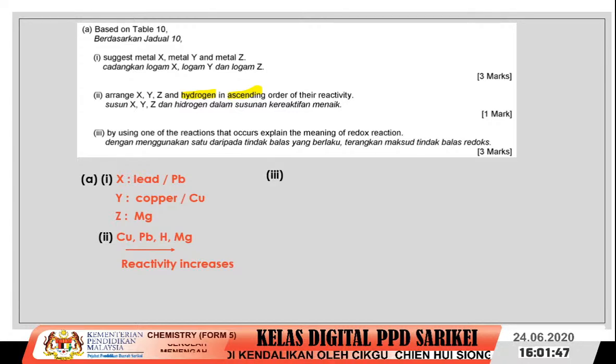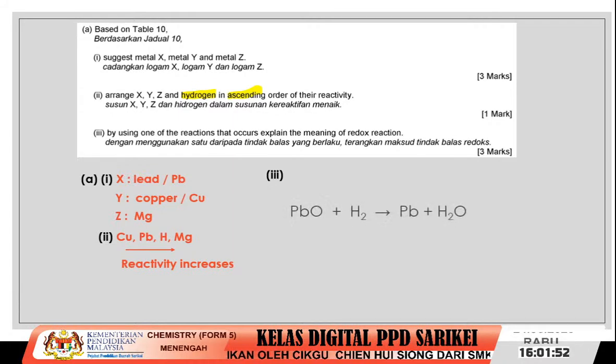Number 3, by using one of the reactions that occurred, explain the meaning of redox reaction. So let's take the example of lead(II) oxide reacting with hydrogen. Hydrogen gas displaces lead from lead(II) oxide because hydrogen is more reactive than lead. So we study the oxidation number of hydrogen.